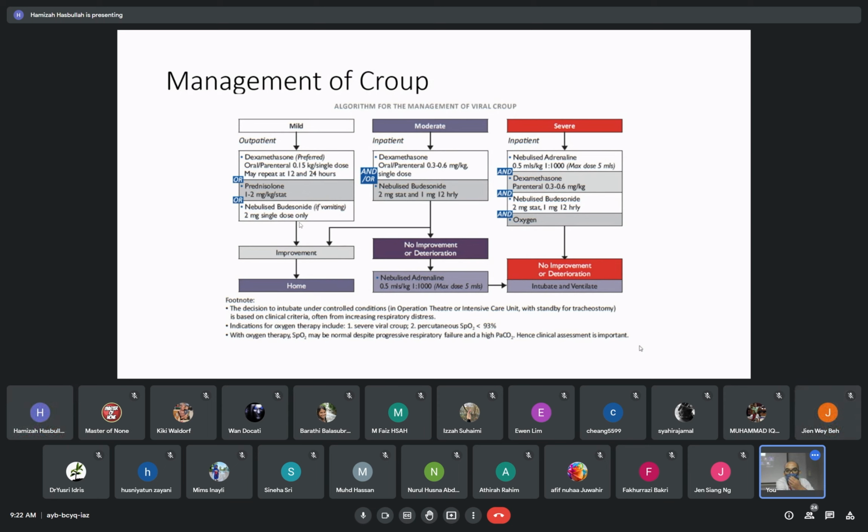And the keyword that Hamizah highlighted was assessment over a period of time in the emergency department. Don't just give the nebulisation and then leave the child alone or with the parents, because it can progress to moderate and even to severe. For moderate, you can also try either one.